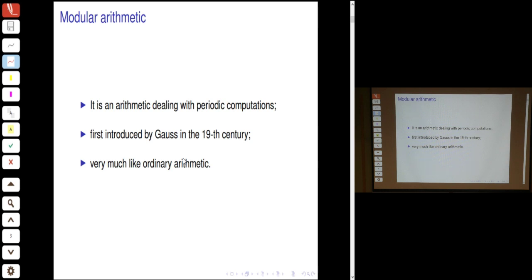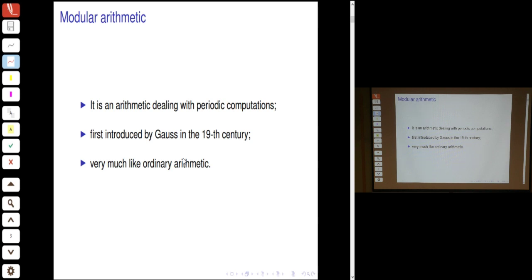It is an arithmetic dealing with periodic computations, and it was introduced by Gauss, the famous mathematician, after whom the name Gaussian is named. He made fundamental contributions to a lot of fields of mathematics, including the normal distribution. At least its importance was emphasized by Gauss. So, his contributions are so fundamental.